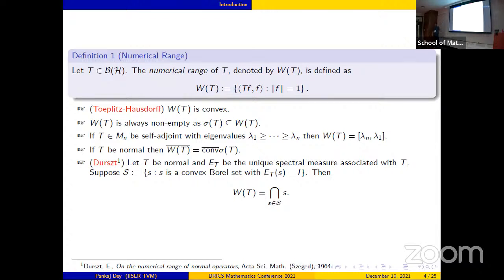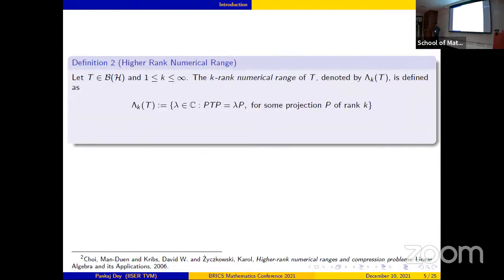Okay, now let's go to the higher rank version of the numerical range, called the higher rank numerical range. Let T belong to B(H) and 1 less than or equal to k less than or equal to infinity. Then the rank-k numerical range of T is defined as the collection of those lambdas such that PTP is lambda P, where P is a rank-k projection. Or in other words, T is unitarily similar to a matrix with the scalar block lambda times identity in the corner.